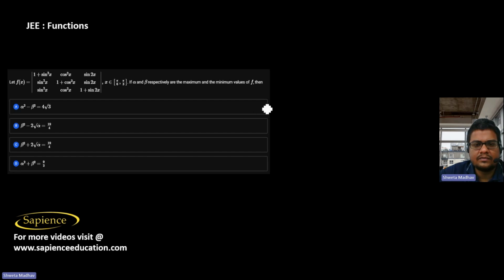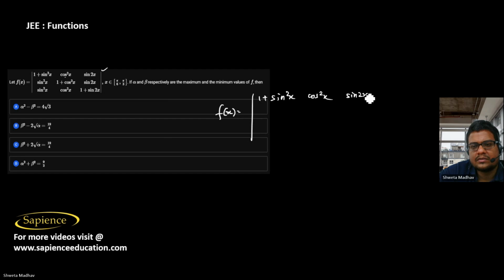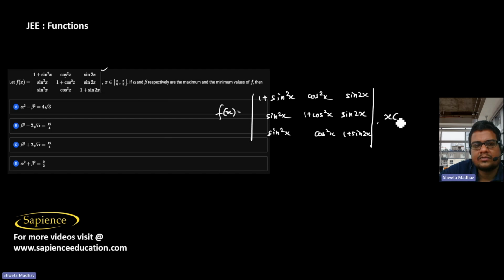Then here it is told, the function f of x is the determinant of 1 plus sine square x, cos square x, sine 2x; sine square x, 1 plus cos square x, sine 2x; sine square x, cos square x, 1 plus sine 2x, where x belongs to pi by 6 to pi by 3.